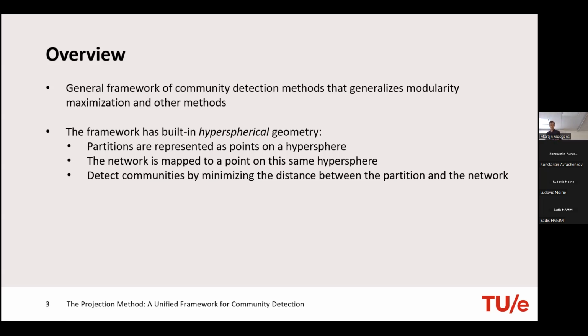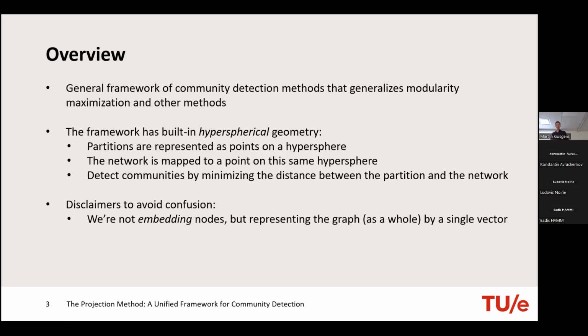So what we do is we represent each of the possible partitions as a point in a hyperspherical geometry. And then we map the network as a whole to another point on that same hypersphere. And then to detect the communities in this network, we just find the partition that is closest to the point that we mapped our network to.